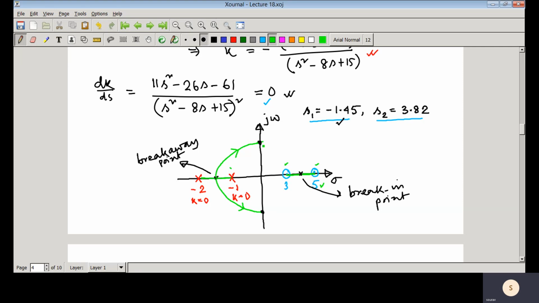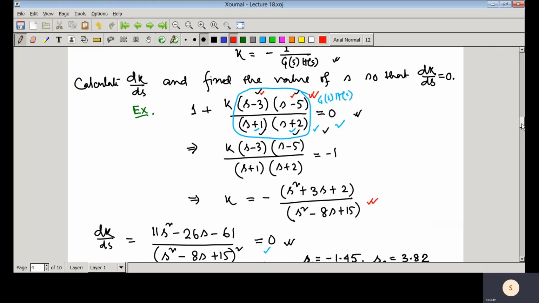If you keep on increasing K, then at the break-in point the two roots become real again, and finally when K tends to infinity, they reach the open loop zeros. So this is the root locus for this given open loop system.